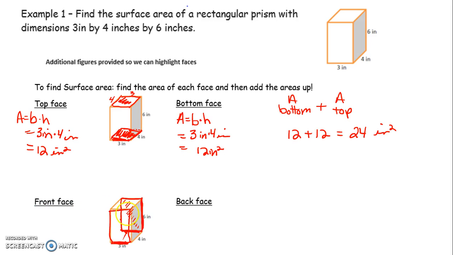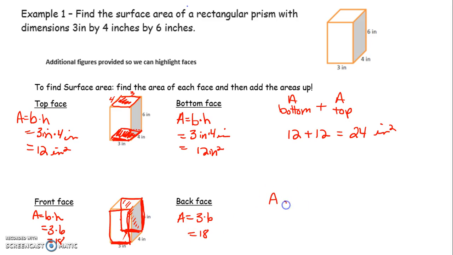So the area of our front face, it's 6 high, 3 long. Same with the back face. So the area of our front face, if I take base times height, it's 3 times 6. That's 18 square inches. And the back face is still 3 by 6, so the area of the back face is also 3 times 6, or 18 square inches.